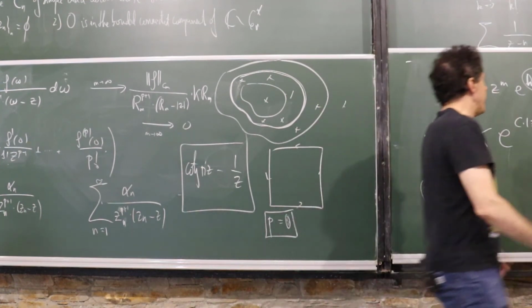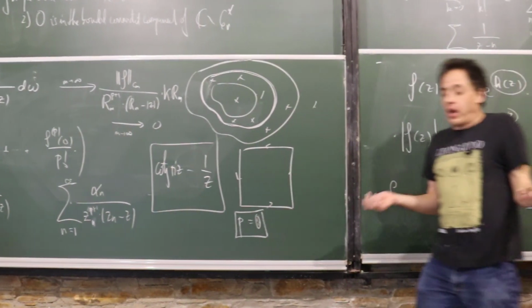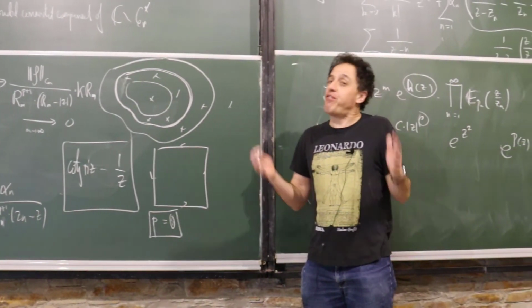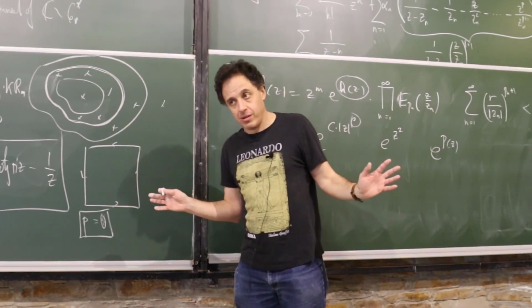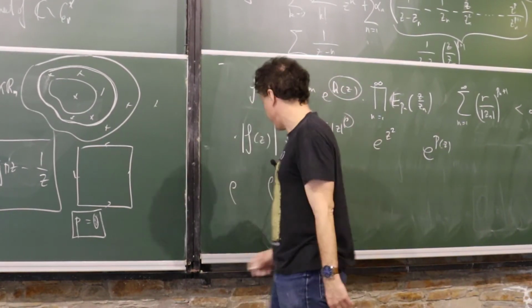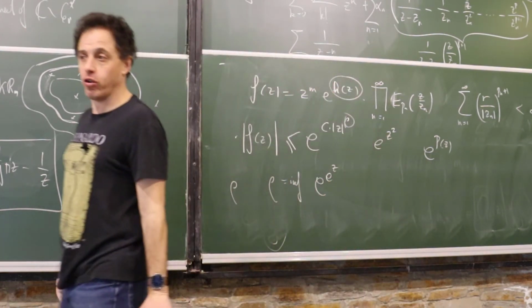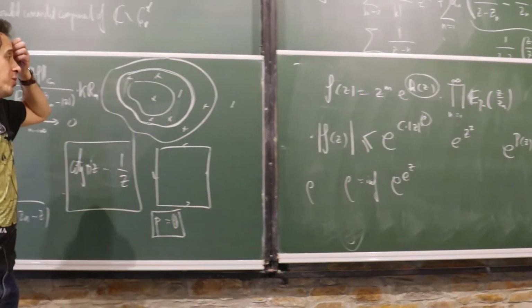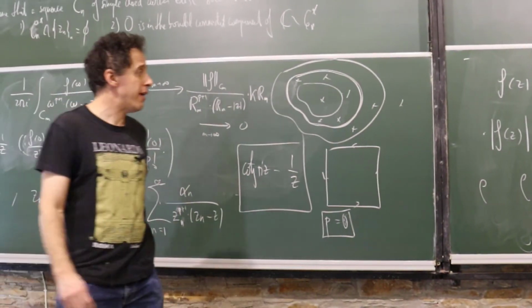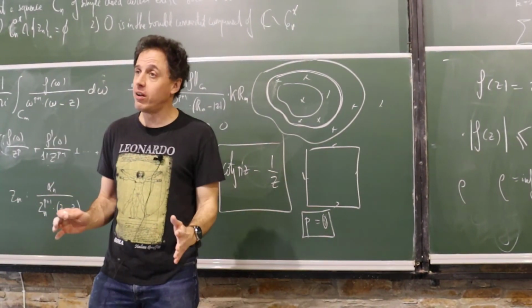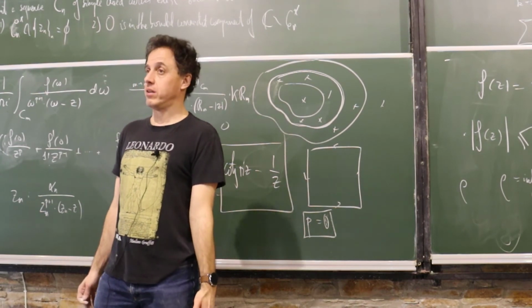Okay, so an entire function may have a finite order or not. Perhaps a function has an infinite order. For instance, e to the e to the z is an entire function with infinite order, so this construction does not apply to this function. But for functions with finite order, there are very good results.